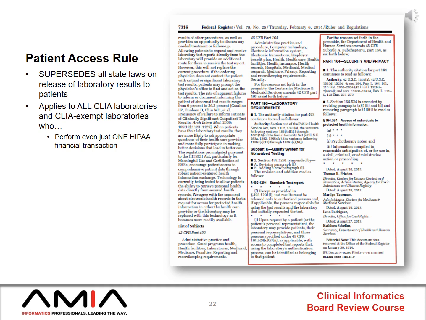You should be aware that the patient access rule supersedes all state laws on the release of laboratory results to patients, because there are some states that previously had laws specifying that patients could not get access to their laboratory results except through their physician. It also applies to all CLIA certified laboratories and CLIA exempt laboratories who perform even just one HIPAA financial transaction.